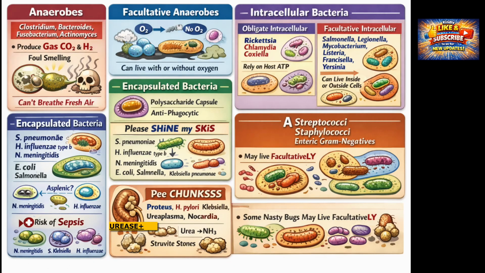Let's continue with special characteristic organisms that are anaerobic, facultative anaerobic, intracellular, encapsulated and urease positive in exam testable detail. Anaerobic bacteria are organisms that grow best in environments with little to no oxygen because they lack adequate protective enzymes against reactive oxygen species.